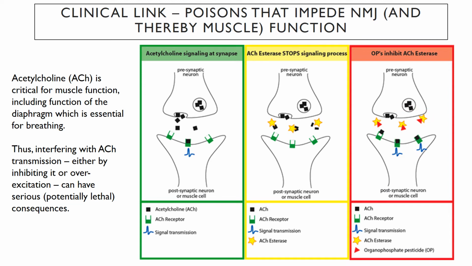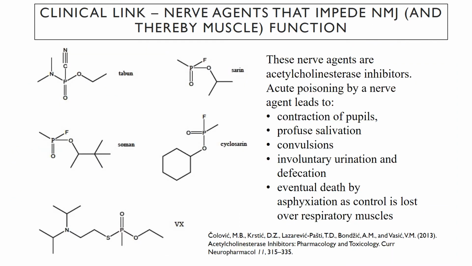Now, this is the specialization for insects. Of course, there are organophosphates that work on acetylcholinesterase in humans. Those are shown here. This is just a subset of some of the organophosphates that we know will inhibit acetylcholinesterase in the neuromuscular junction in humans.